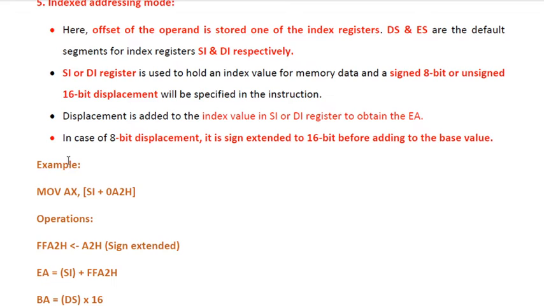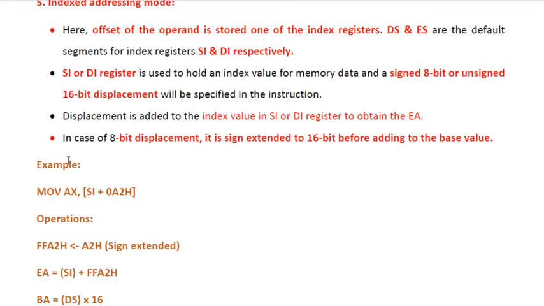A is 10, which is 1010, and 2 is 0010, so the 8-bit representation of A2H is 10100010. The most significant bit is 1, so in sign extension from 8 bits to 16 bits, 1 will be copied to the other bit positions.